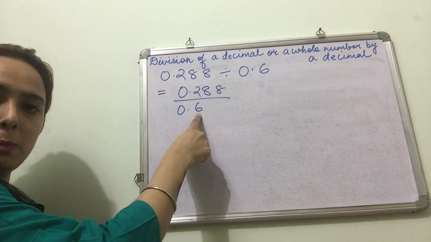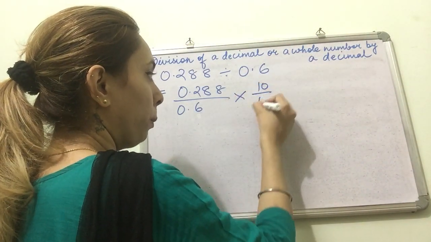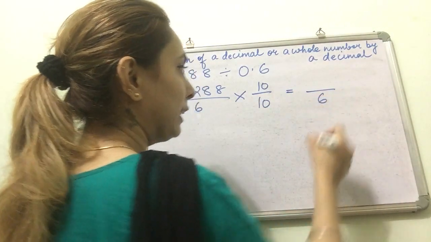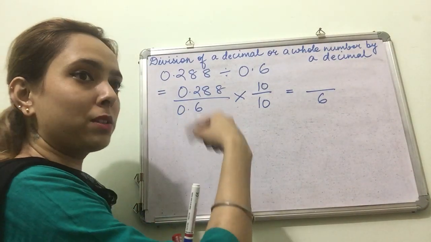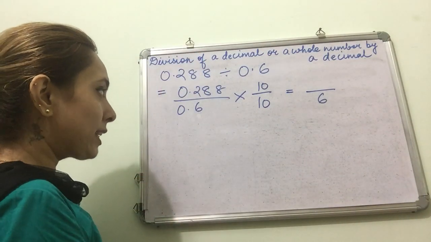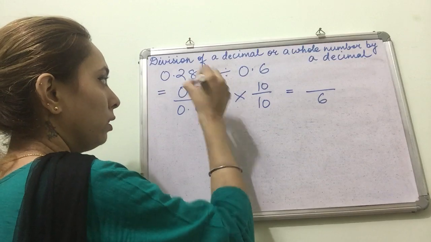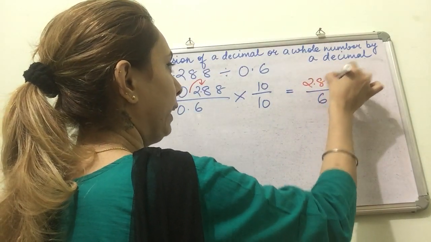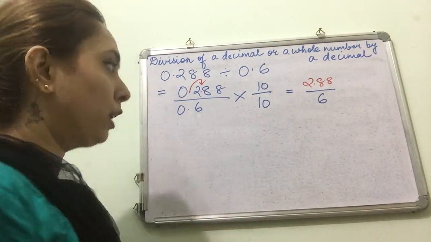Divisor is having one decimal place, so simply multiply numerator and denominator by 10. In the denominator you will get 6, because this point will be shifted toward this side. It will become 6.0, so we can write 6. In the numerator, this point will be shifted after one number, so your new dividend will be 2.88. I hope this step is clear to all of you.